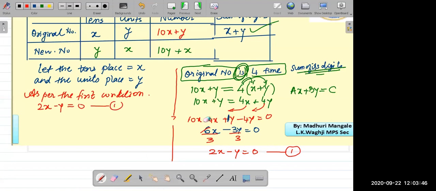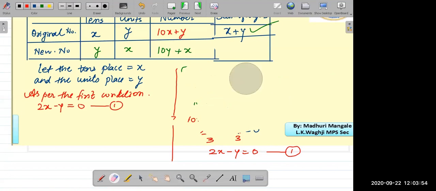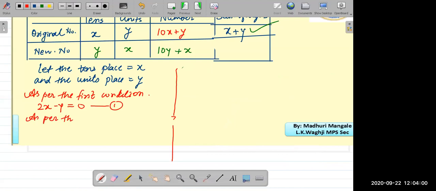And now we look at the second condition to find the second equation. So I'm going to erase this part out, and we will look at the second condition. We need to write it out as per the second condition. What is the second condition?